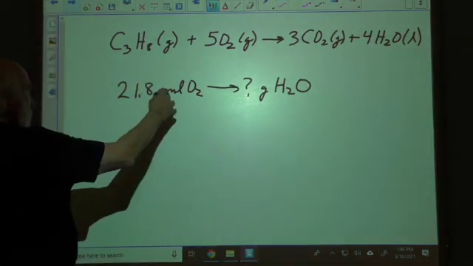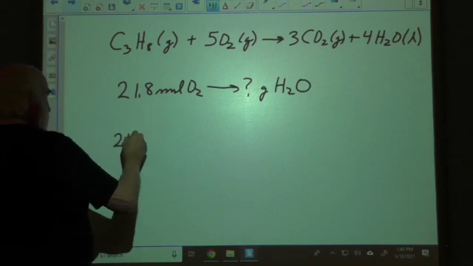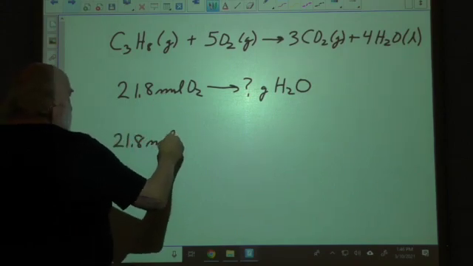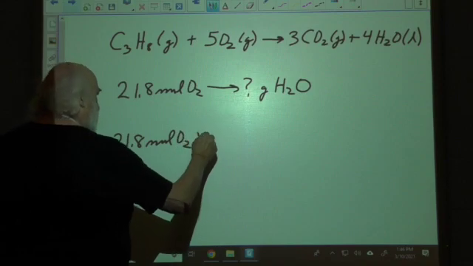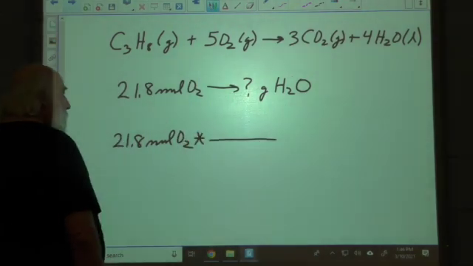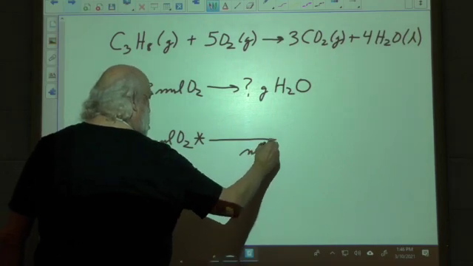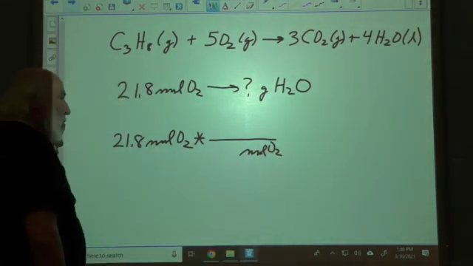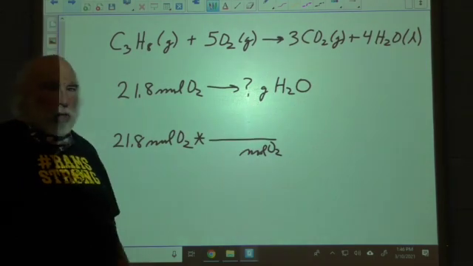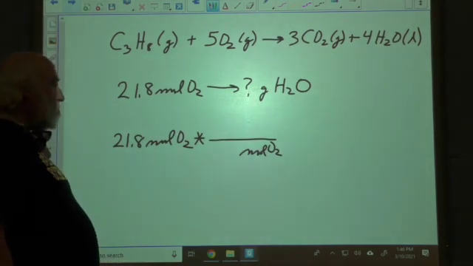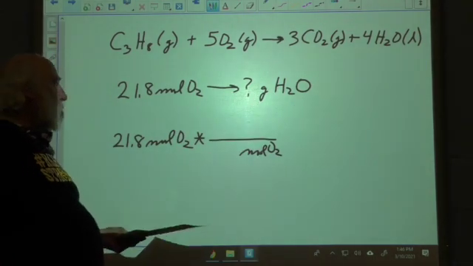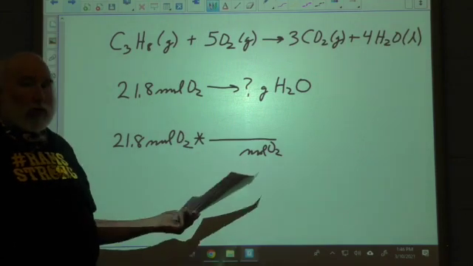Okay, so we start with what we're given here, 21.8 moles of oxygen times fraction line. I'm going to get rid of the moles of oxygen, but the question is, what do I change that to? Well, I know I want to end up with grams of water, but I can't get grams of water from moles of oxygen, but I can get grams of water from moles of water.